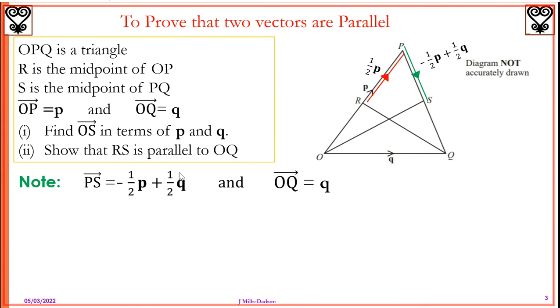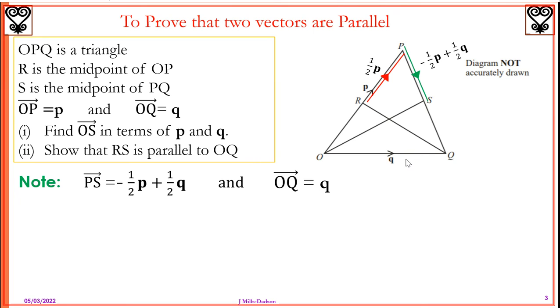Remember, in the previous slide, we had vector PS as this. So that's what I've put on the diagram to help us with our working out. And we also had OQ, which is given to us as Q. Now what we need to understand is that we are supposed to show that RS is parallel to OQ.